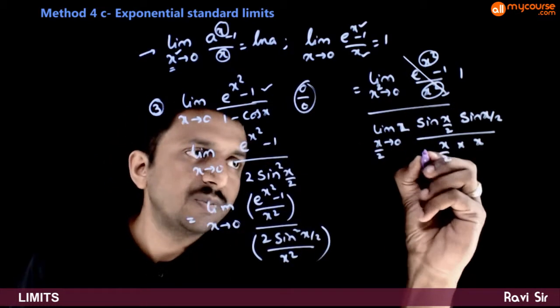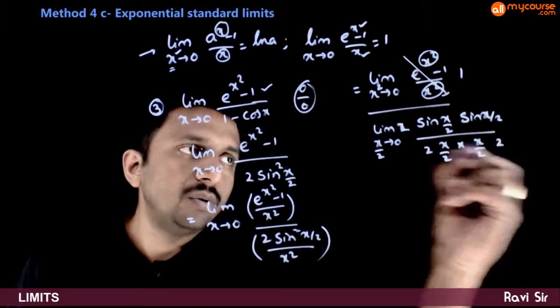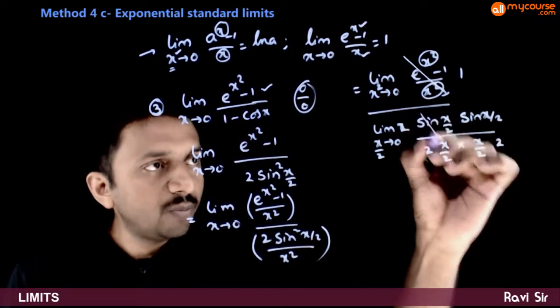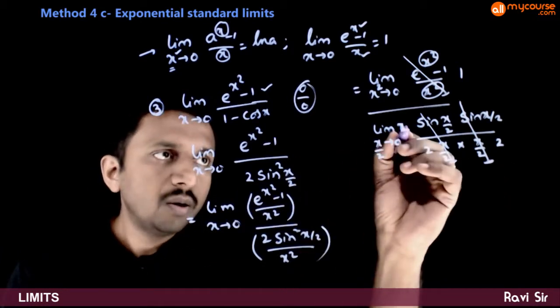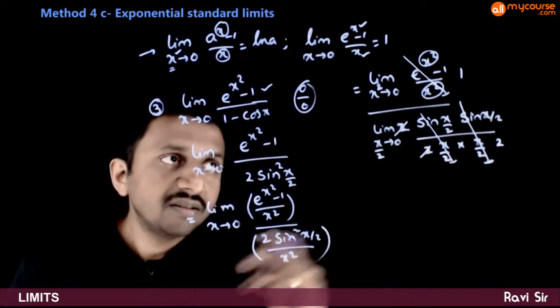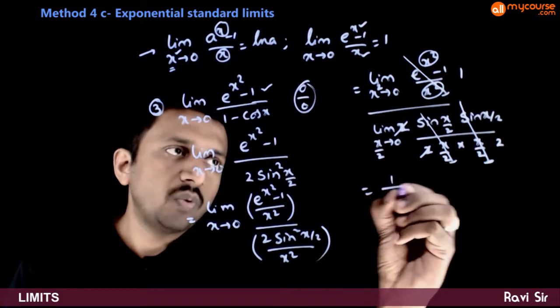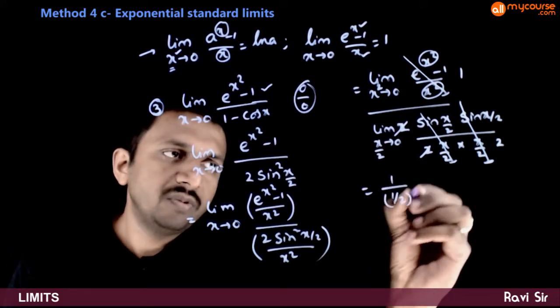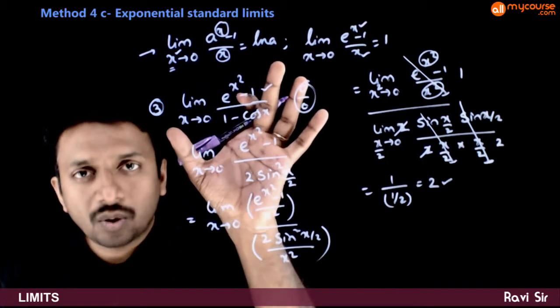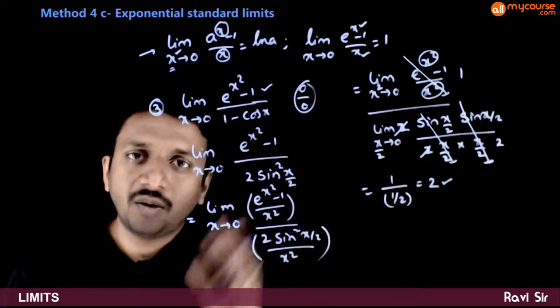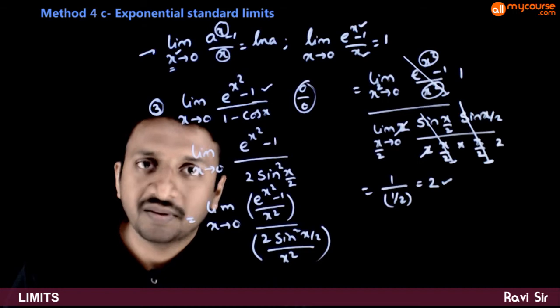So what I do is write x/2 into 2, x/2 into 2. So sin(x/2)/(x/2) will go to 1, and sin(x/2)/(x/2) will go to 1. The 2 and another 2 get cancelled. So we have the answer as 1 by 1/2, which is equal to 2. So the value of this limit is equal to 2. Thank you.